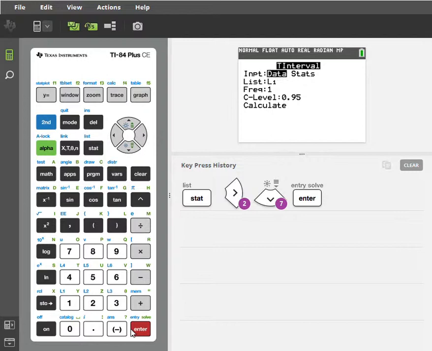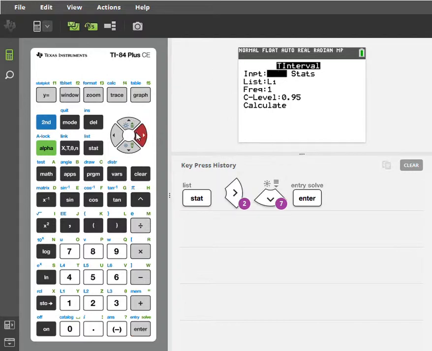And again, we do not have our data in lists. We were given a problem in which we were told a sample mean and a sample standard deviation. We're not calculating it. This data button is if we have all of the individual sample readings in our lists and we have the calculator calculate the sample mean, standard deviation, and the sample size.